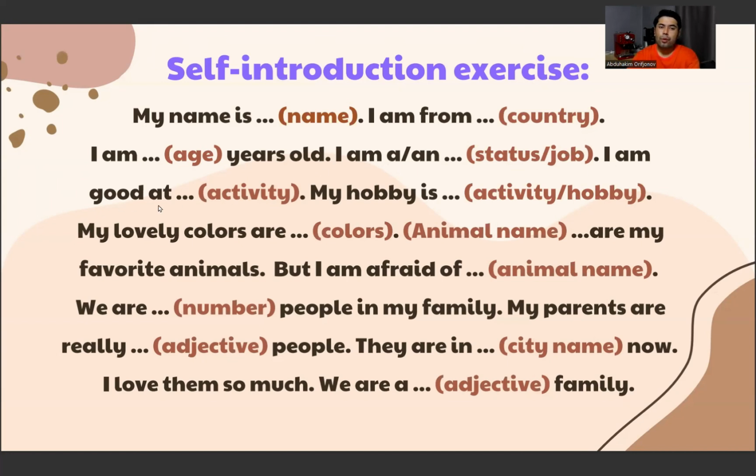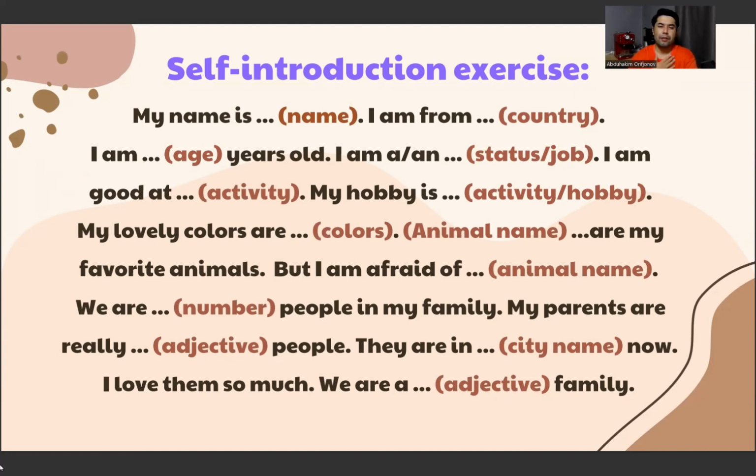and I am good at some activity, like I'm good at English, I'm good at Korean, or I'm good at football. My hobby is activity or hobby. My hobby is teaching English and teaching Korean, or doing some videos for TikTok and Instagram. My lovely colors are, you have to tell 2 or 3 colors.